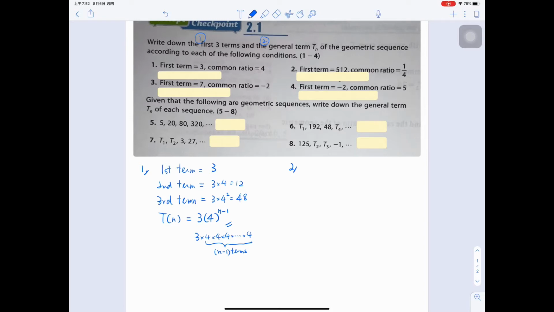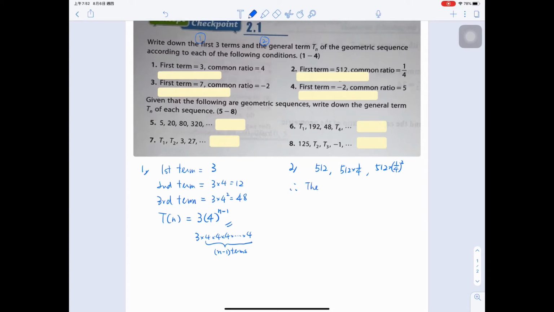First term, 512. How about the second one? 512 times 1 over 4. The third one, 512 times 1 over 4 squared, right?